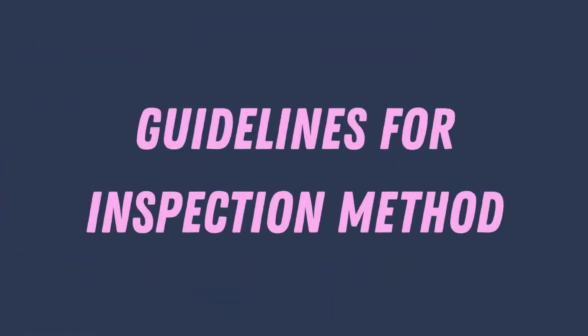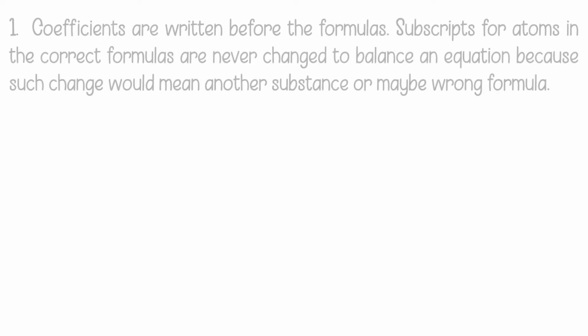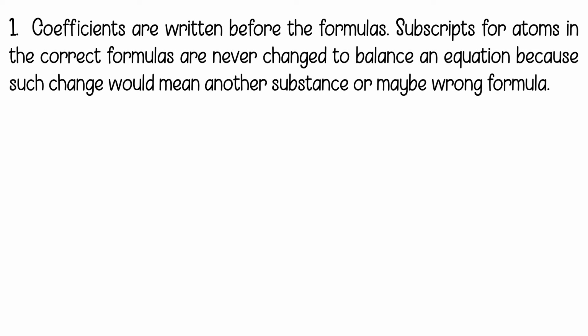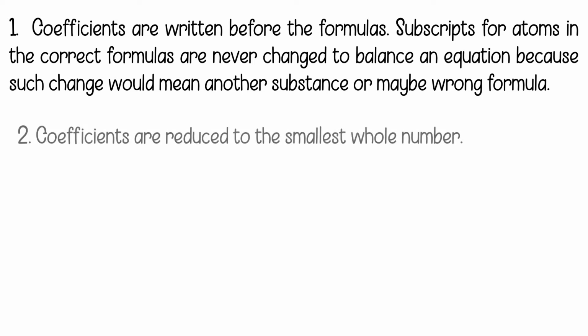Here are some of the guidelines in balancing simple chemical equations by the inspection method. Number 1. Coefficients are written before formulas. Subscripts for atoms in the correct formulas are never changed to balance an equation because such change would mean another substance or maybe a wrong formula. Number 2.